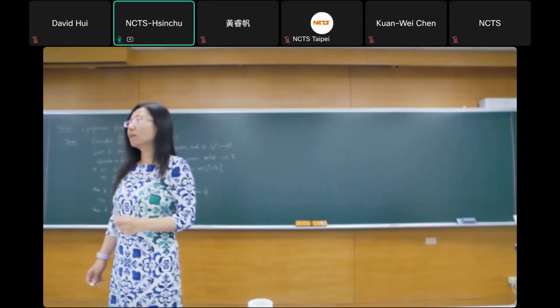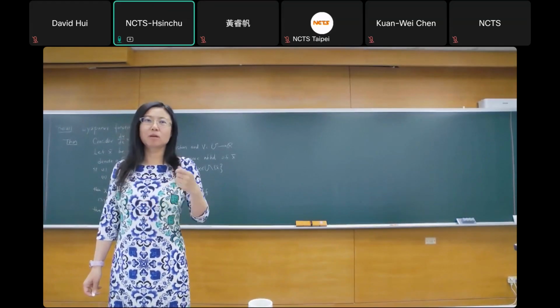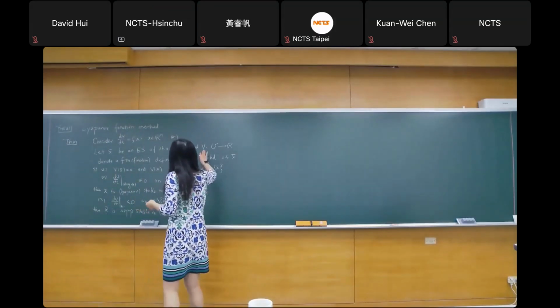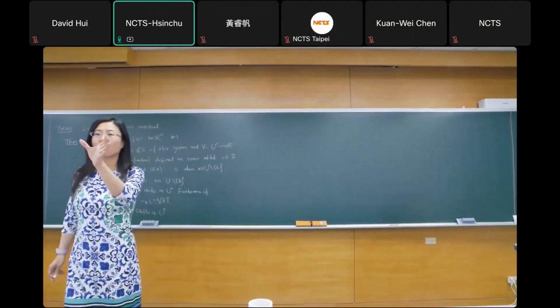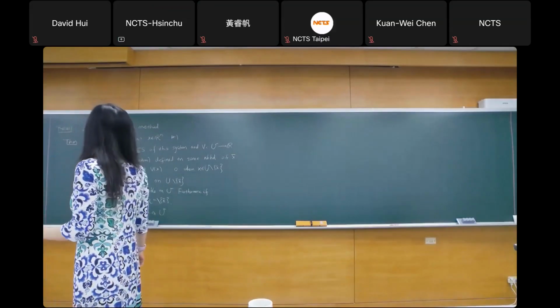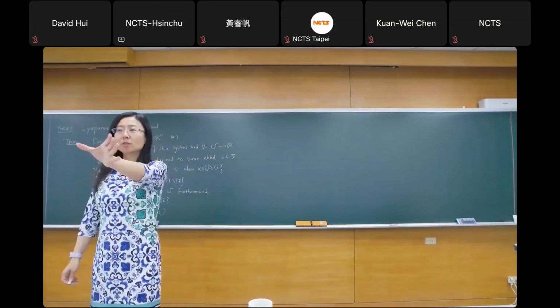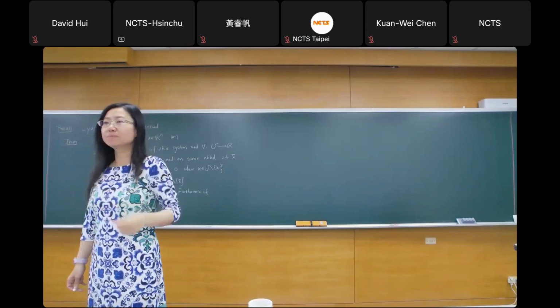So X bar is whatever fixed point you care about. Now you want to know the stability, could be local, could be global. And now if I have a function, a scalar function, defined on what? On some open neighborhood U, which contains 0.